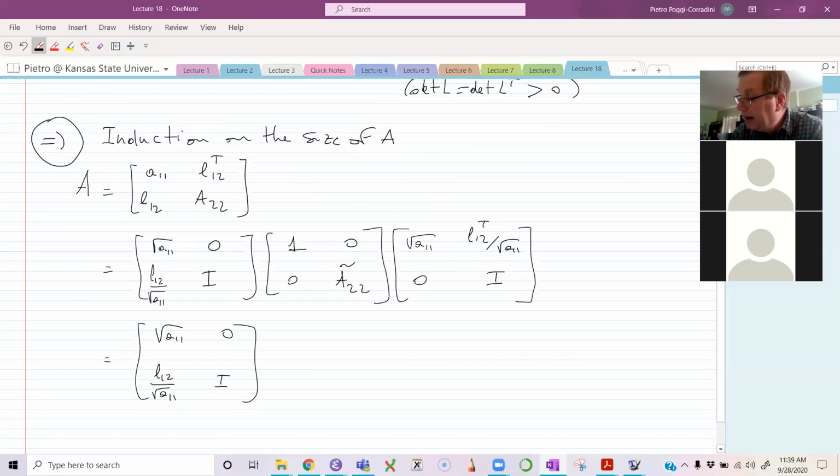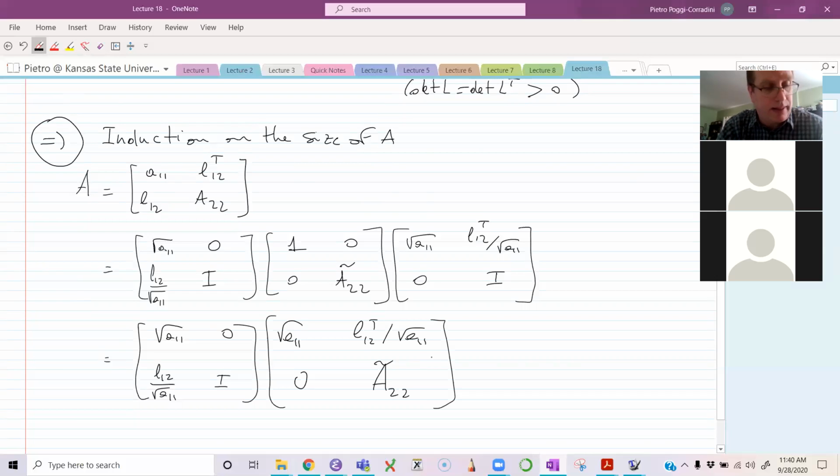So I'm going to get root A11, and then L12 over root A11. Here I'm going to get 0, and then I'm going to get A22 tilde. Agree with that?